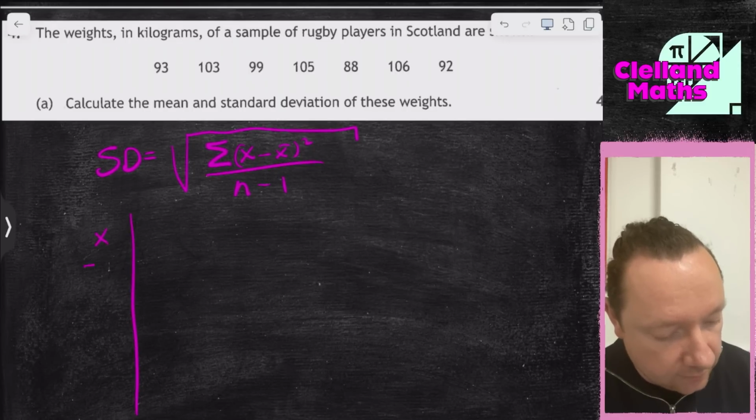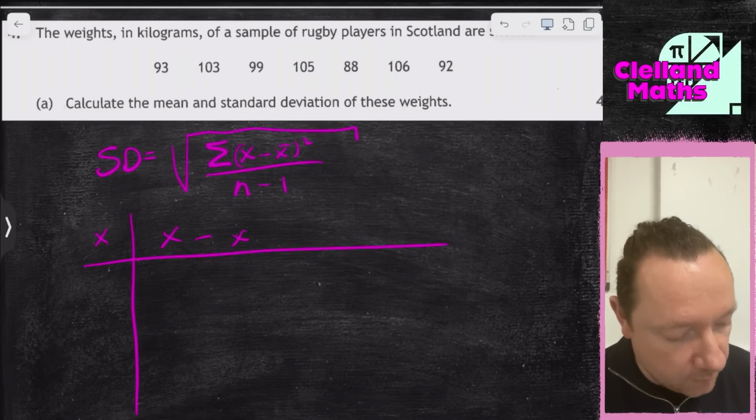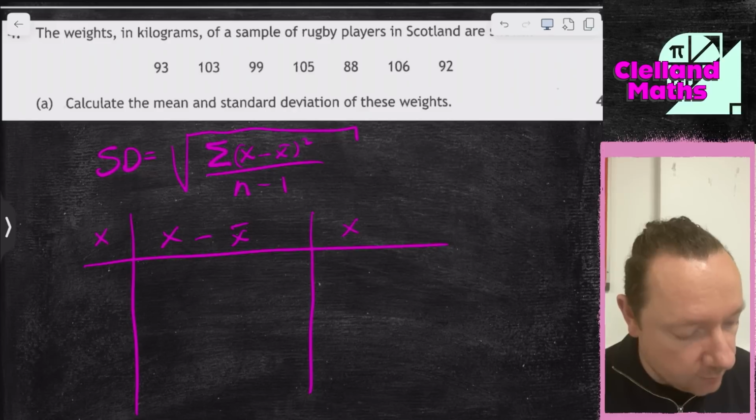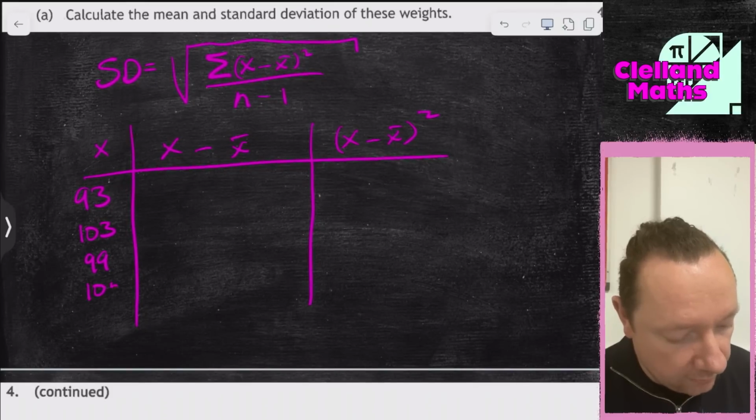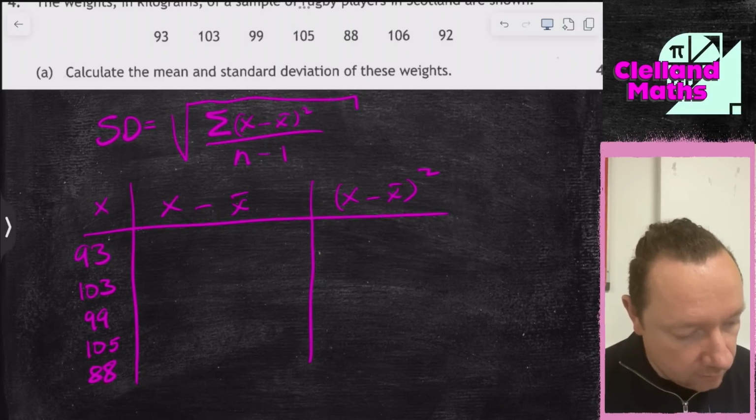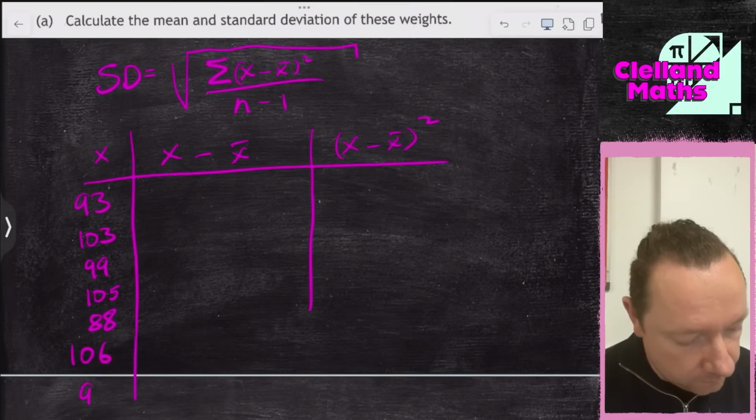So I just write x minus x bar squared. 93, 103, 99, 105, 88, 106, and 92.